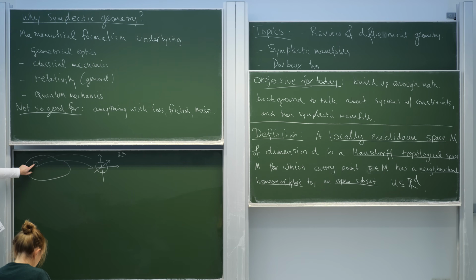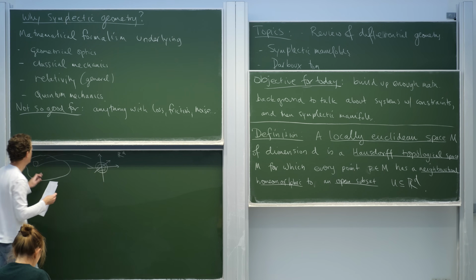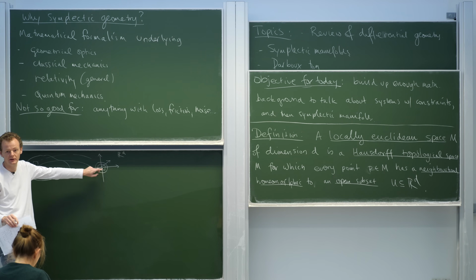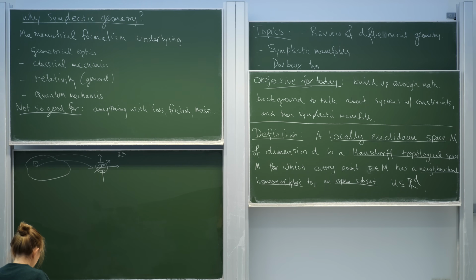So every point in this neighborhood has an image here in R^d, and it's also a continuous map. The map that connects our locally Euclidean space M, this most general object, to R^d, we're going to give the name phi for the moment.